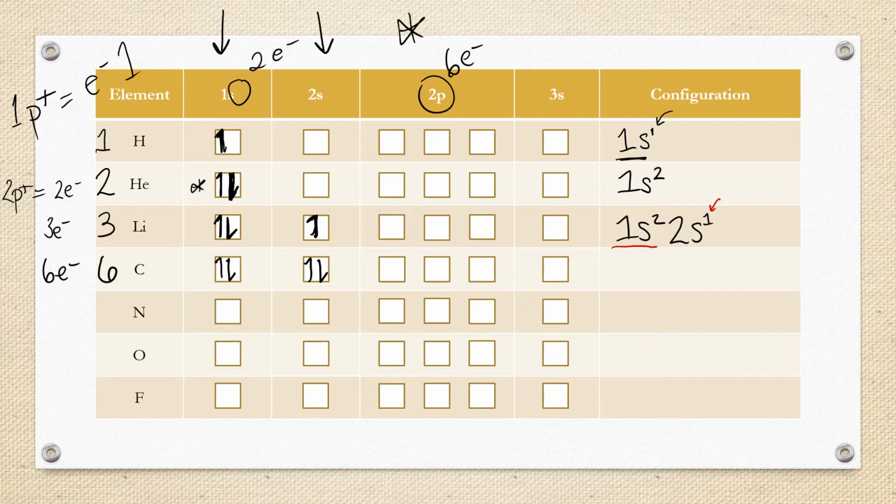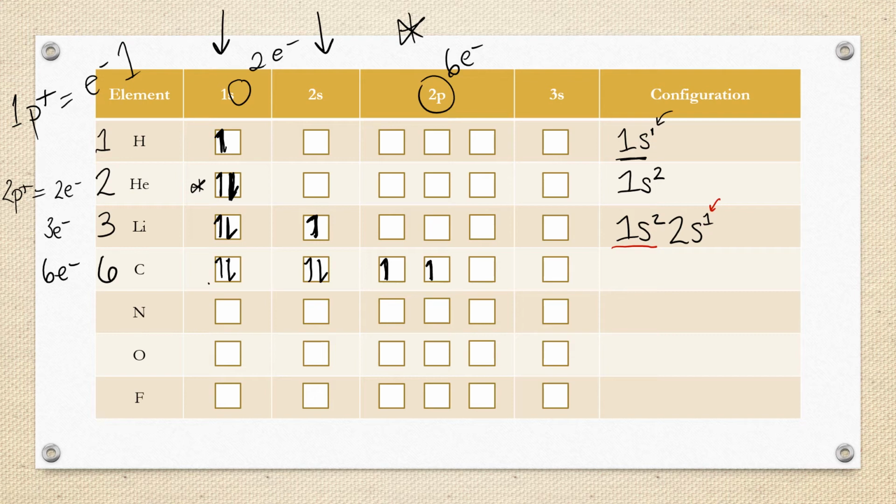Now, according to our rule, I cannot put both in one box. Remember, that is completely incorrect. I have to fill in 1 electron for every orbital before they can start pairing up. So that means the way I'll write this is 1 electron in my first box and a second electron in my second box.